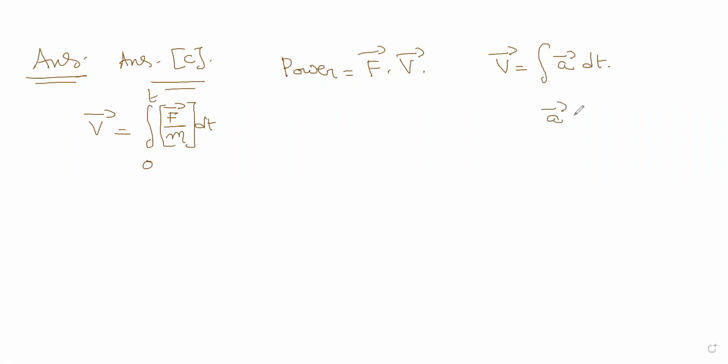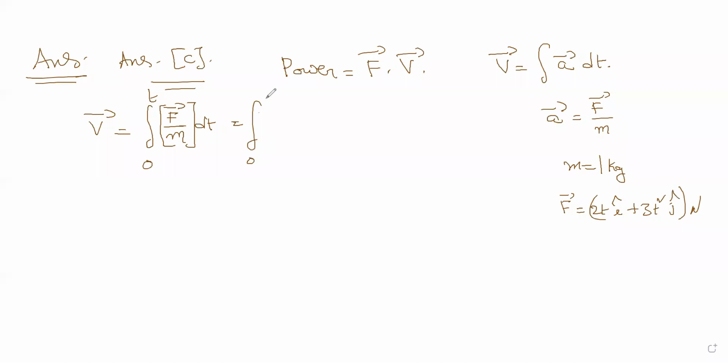So acceleration A bar is force by mass. What is the mass given? 1 kg. And the force vector they have given is 2t i cap plus 3t square j cap newtons. So F by M is anyway the acceleration vector.